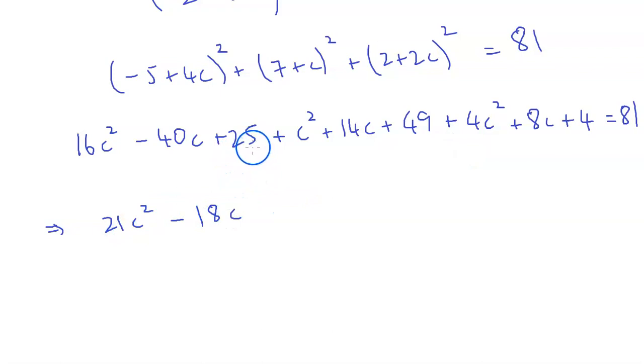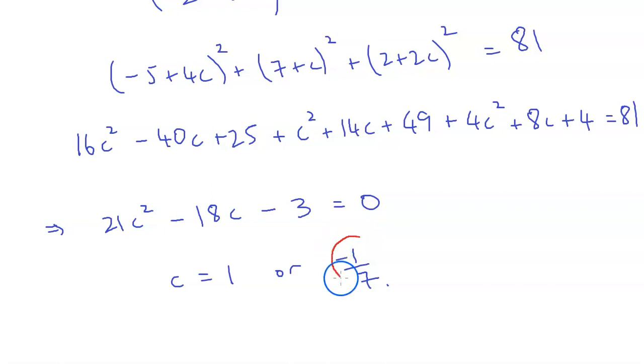Then the constants: 25 + 49 makes 74, plus 4 makes 78, and that's equal to 81. So 78 minus 81 will be -3 equals 0. You can solve that equation on the calculator or use the quadratic formula if you like. I'm going to use my calculator. So 21, -18, and -3, and we get that c is equal to 1 or -1/7.